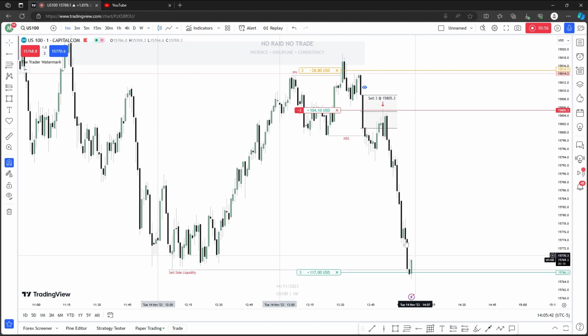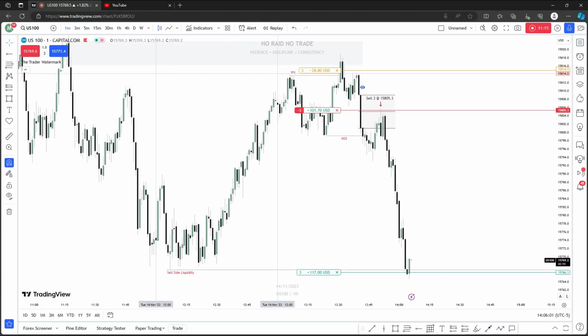So we do have a fair value gap here, all right? That price might just trade into and then head lower. So just be patient, all right? Try not to collapse your trade too early or too soon. Just believe that price will play out and it will do its thing.